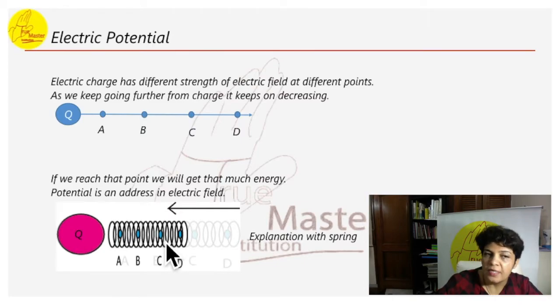Similarly, we press further to point B, then all the way to A. It will have about say 40 joules of potential to do work. So we can say the potential points A, B, C, D are the addresses of the electric field with different potentials.